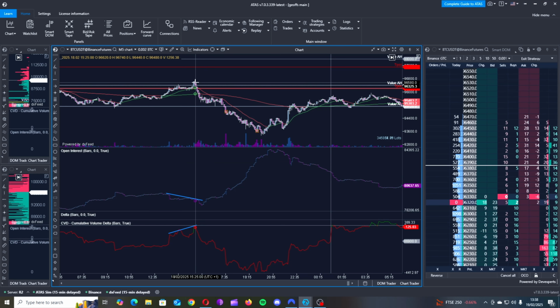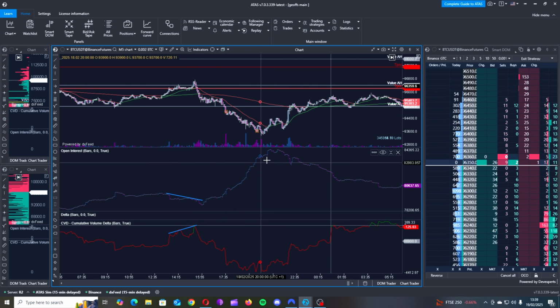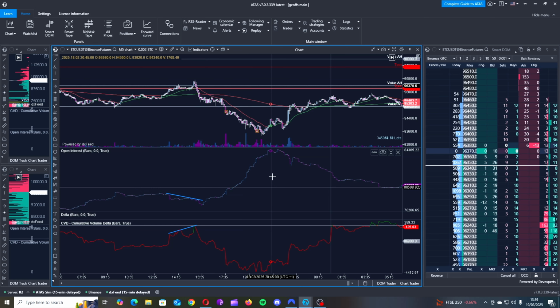And then as the market started to drop, open interest started to increase, which in turn means people here had started to open new short positions in these zones here. And that's why we're seeing the drop. But then CVD, the volume delta, had started to decline as this was going up. So then we also got another divergence which occurred.